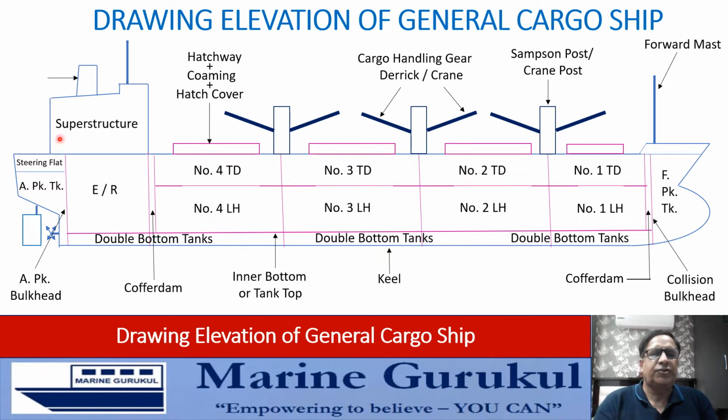Then we have the superstructure, funnel, and the main mast of the ship. So this is how we have labeled, and during the labeling, we have been able to revisit all the parts. I hope you will now be comfortable in drawing the elevation of a general cargo ship.